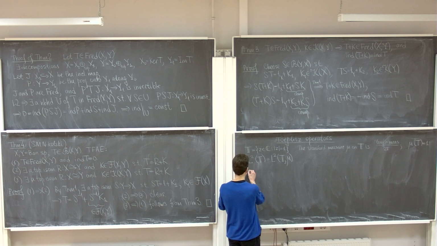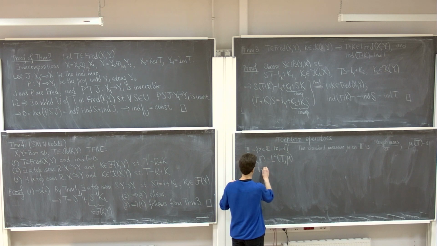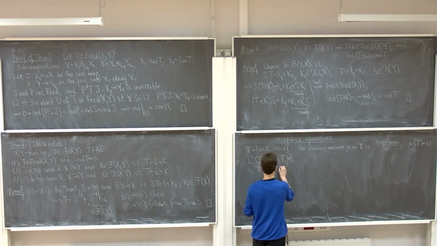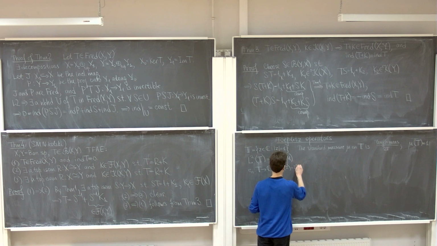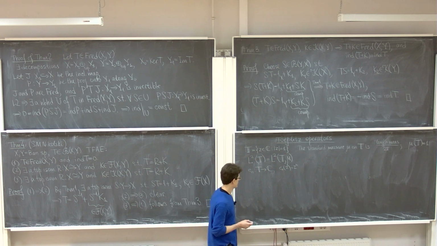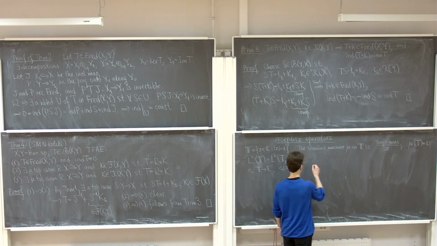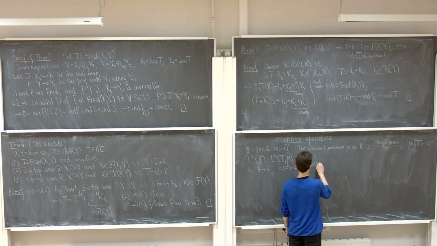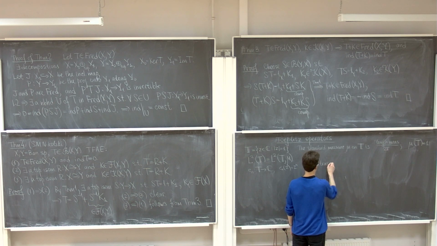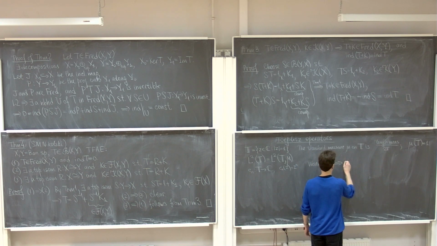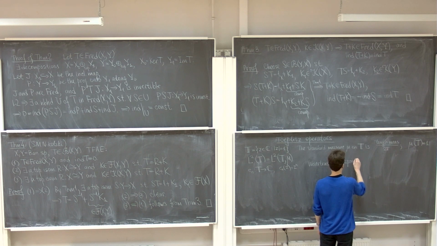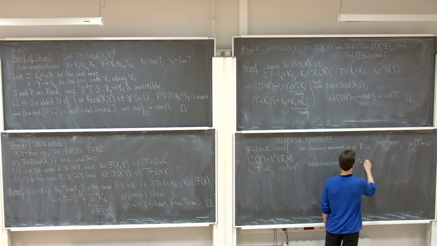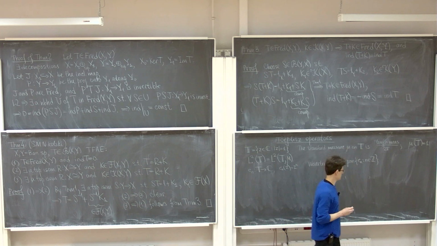Namely, let's denote by En the function on T given by the following simple formula. En of z is z to the power n. And the classical theorem, due to Weierstrass, implies that the linear span of these functions, where n runs over the integers, is dense in the space of continuous functions on the circle.